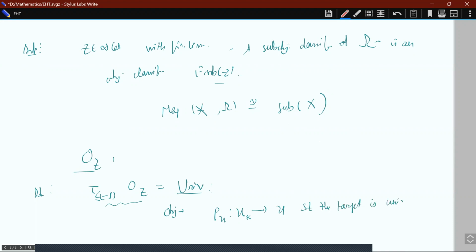Okay, so there are many different ways of looking at what a universe is, so I'll just say one way that I think about it. In a category C, a universe is like an object classifier.